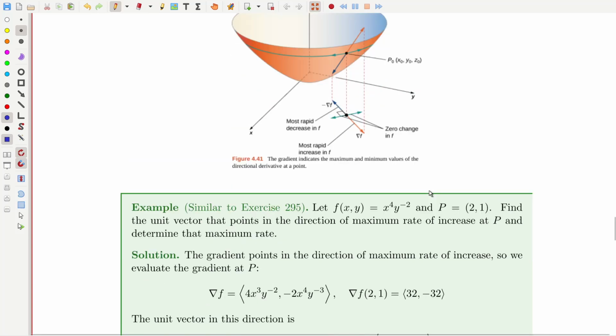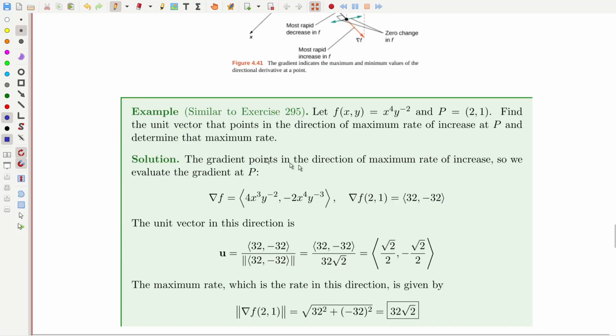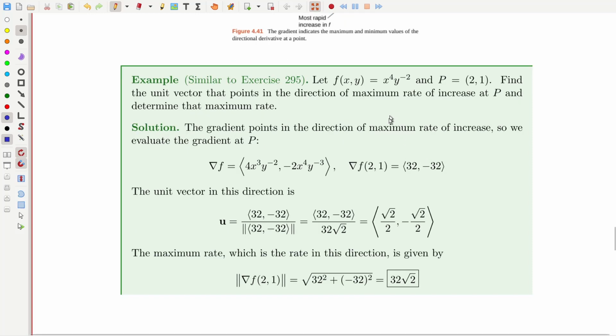Okay, and here's an example that uses these properties about the gradient vector. You're given a function f, written as such, and a point p. Find the unit vector that points in the direction of maximum rate of increase at the point p, and determine that maximum rate.